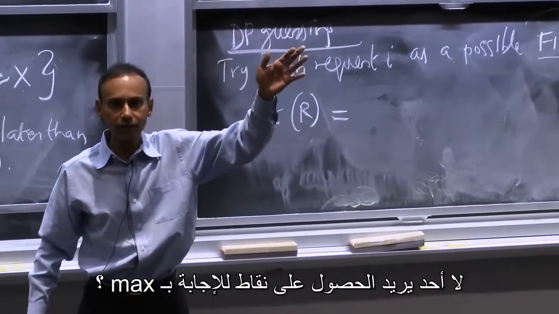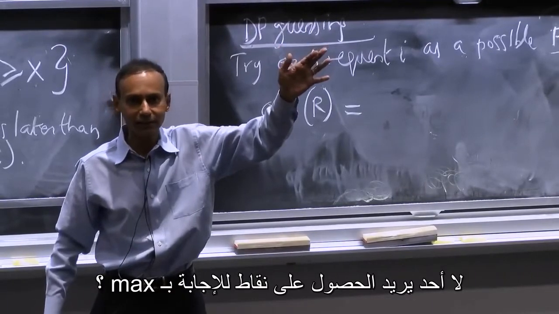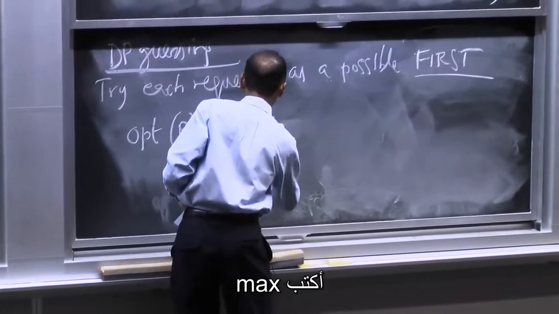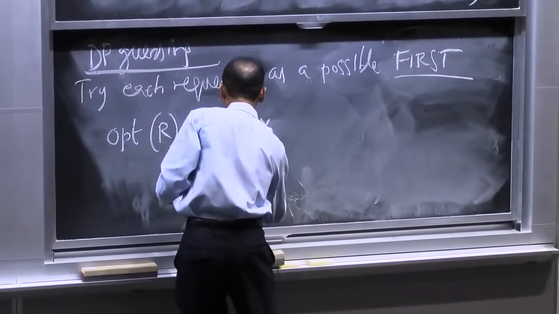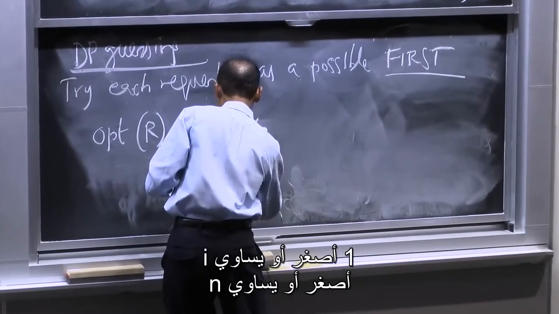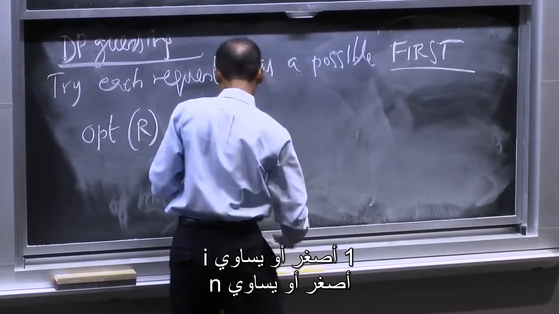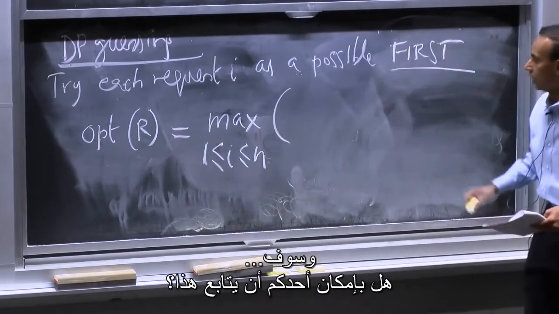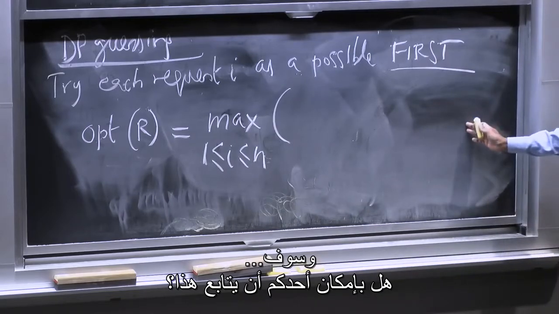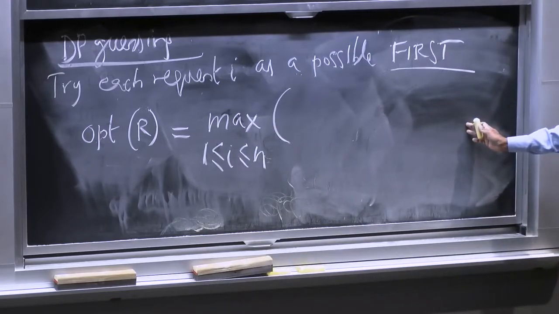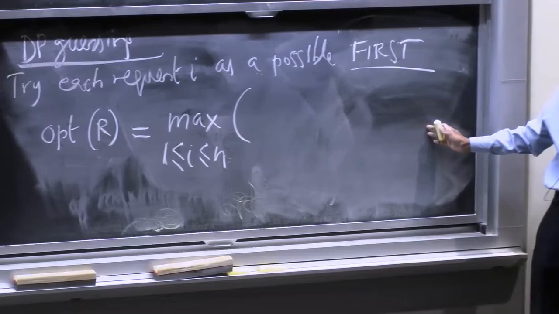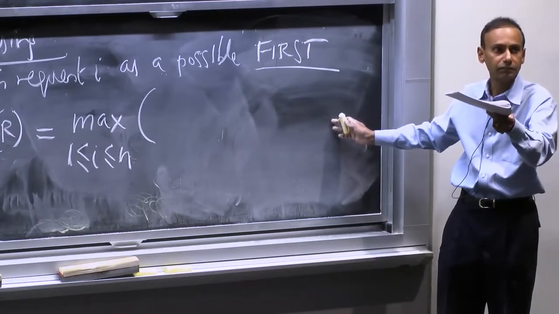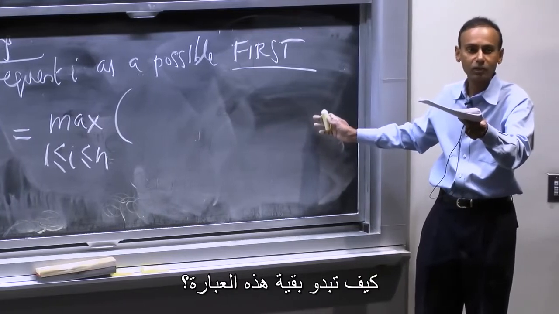No one wants to take credit for Max? It's Max, right? So I'm going to have max over 1 less than or equal to I less than or equal to n, and someone want to tell me what the rest of this looks like? Someone else? A couple of frisbees left, guys. What does the rest of this look like?